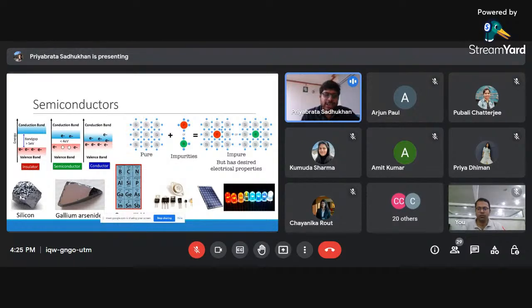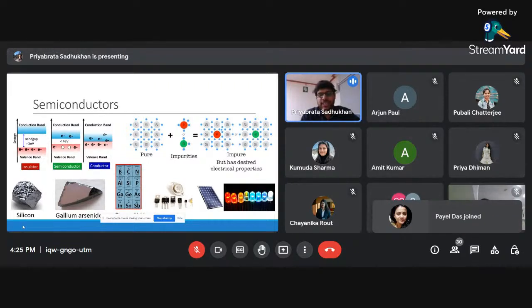However, getting pure silicon from sand is very difficult, and that requires multiple stages with high temperature processing, so the technology is expensive. That's why we don't have any silicon processing plant in India. Whatever silicon we need, we collect it from China, Japan, or Europe. So that's why silicon is very expensive too.